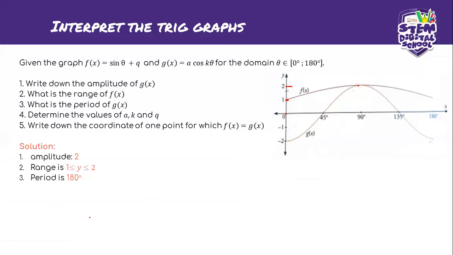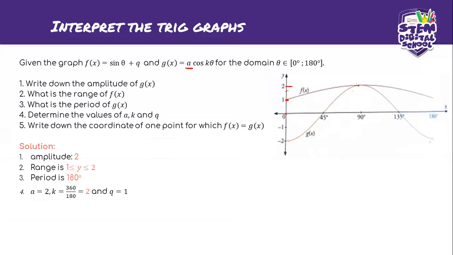Now, let's continue. Number 4, it says determine the values of A, K, and Q. Determine the values of A and Q. Now, let's proceed and see. In this case, the value of A equals 2. Where do we see A?